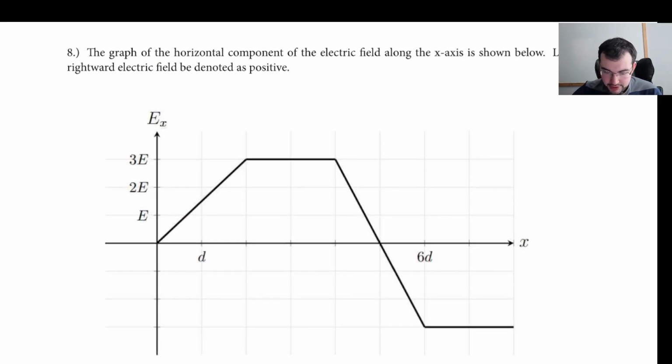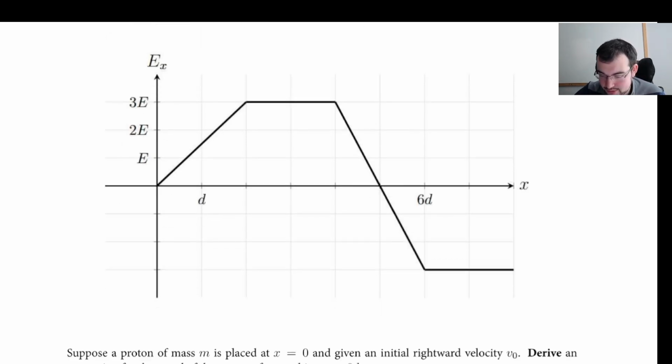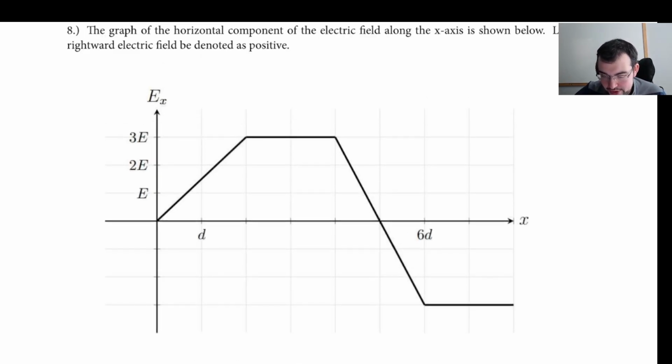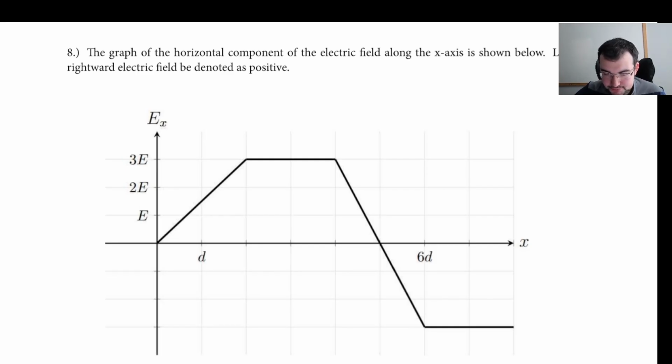So first of all, looking at this graph, if I place a proton with an initial velocity and shoot it that way, protons accelerate with the E field, so it's going to speed up, speed up, speed up with increasing force, keep speeding up with a constant force, and eventually it's going to reach x equals 6d. So my speed should increase because it's getting pushed to the right for most of its journey, except for this tiny little piece down here. But we should get an increase in speed.